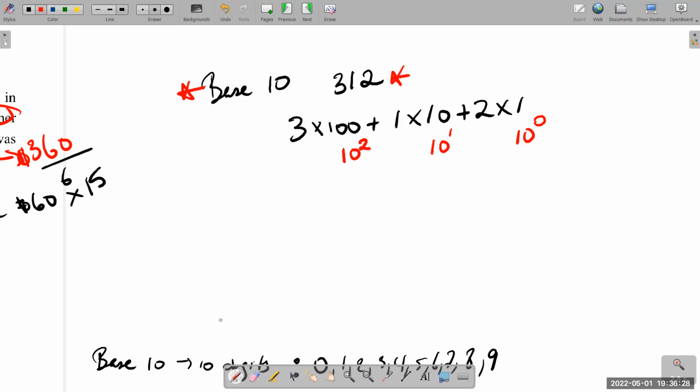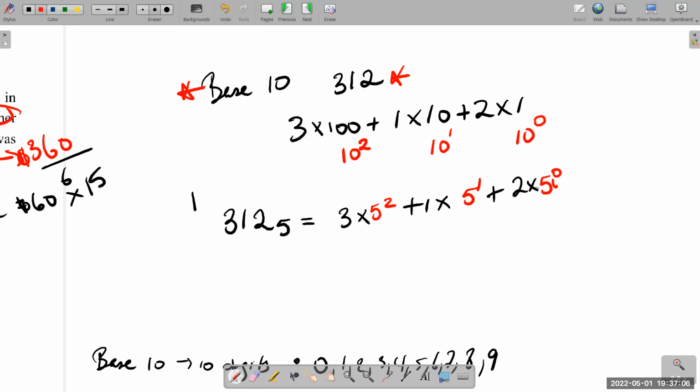Suppose I take the same number in base 5. So 312 in base 5. What do you think this is going to mean? This is going to mean 3 times 5 to the second power, plus 1 times 5 to the first power, plus 2 times 5 to the power of 0.